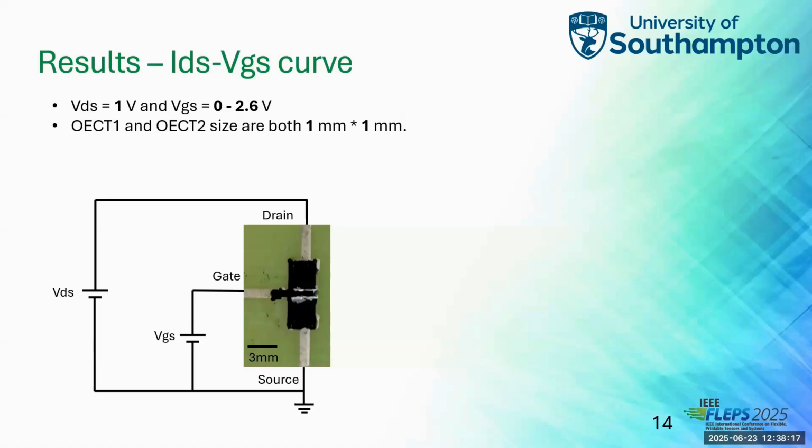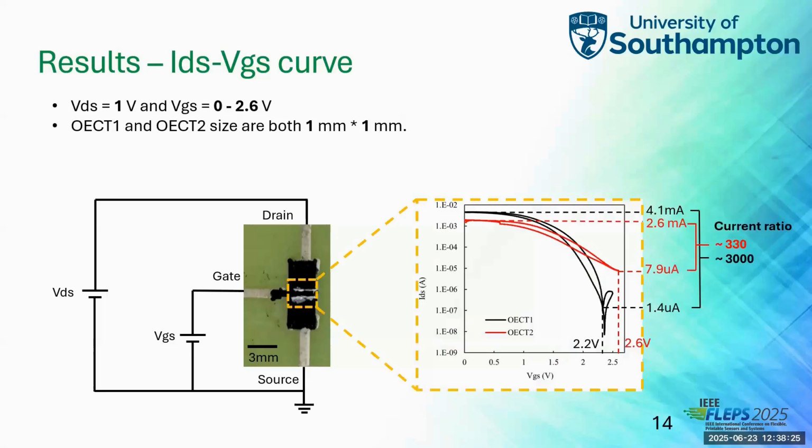VDS is held at 1 volt and we scan VGS from 0 to 2.6 volts, and then we get the IDS and VGS curve. You can see here two typical OECTs, 1 and 2. The black one has a high current ratio. The red one has a smaller current ratio.